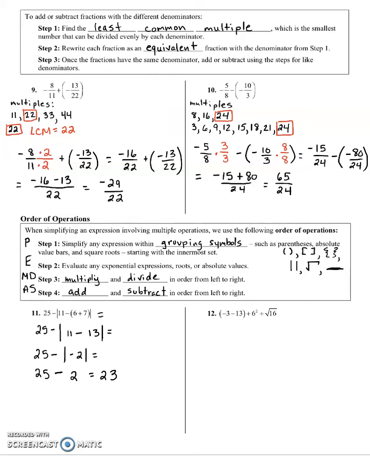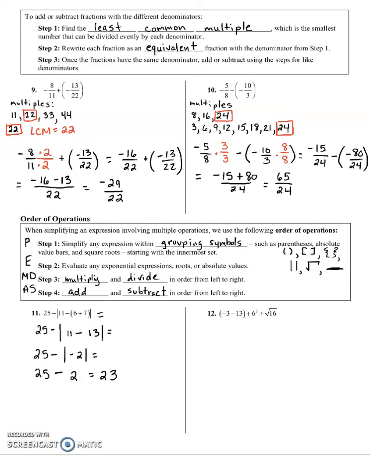Okay, you guys should try to do number 12 after pausing the video. And once you've tried it, then you can restart and check your answer. So the first thing, grouping symbols. So we have parentheses.